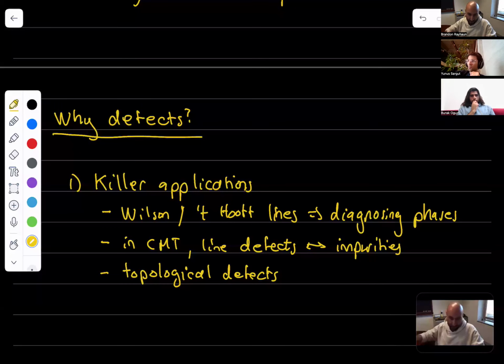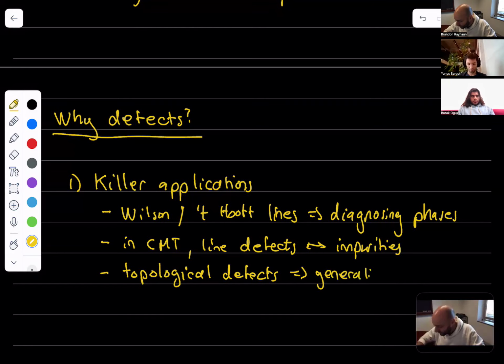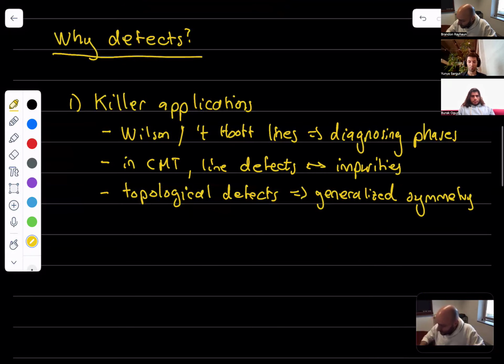You can smoothly deform the defect around, and the correlators won't change as long as you don't move the defects through some charged operator. And it's been a common story of the past decade or so that one should understand topological defects as furnishing some kind of generalized notion of symmetry. So these have tons of consequences.